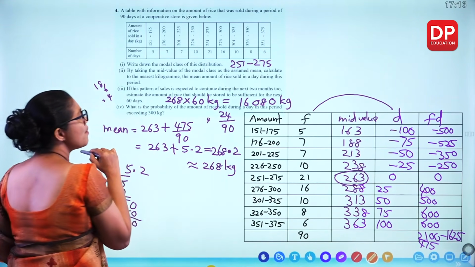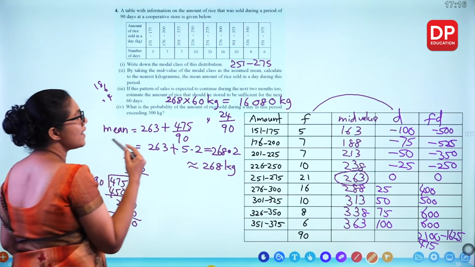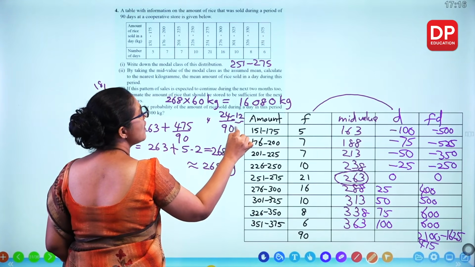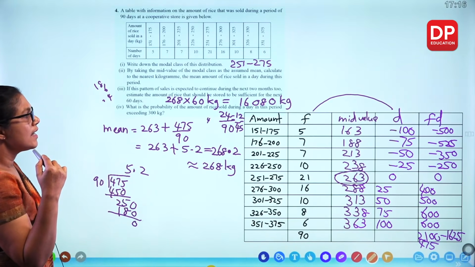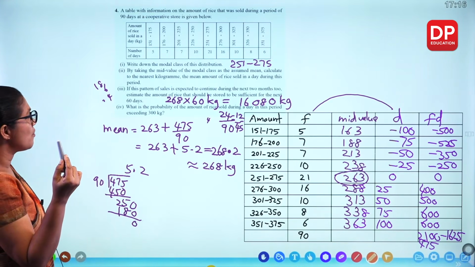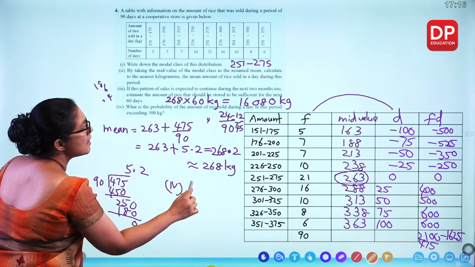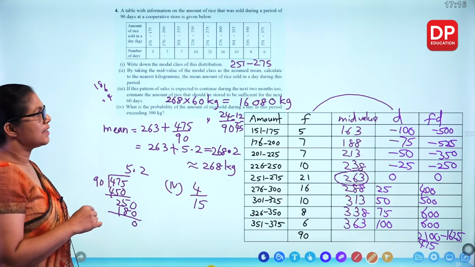So that's the probability. Simplify. When you simplify this, divide by 2, you get 12 over 45. You can divide this by 3 again. So the probability is 4 over 15.